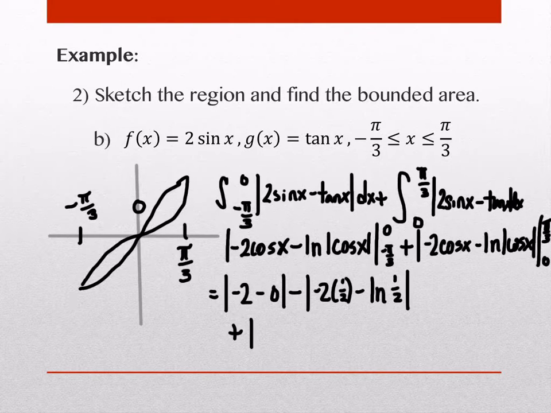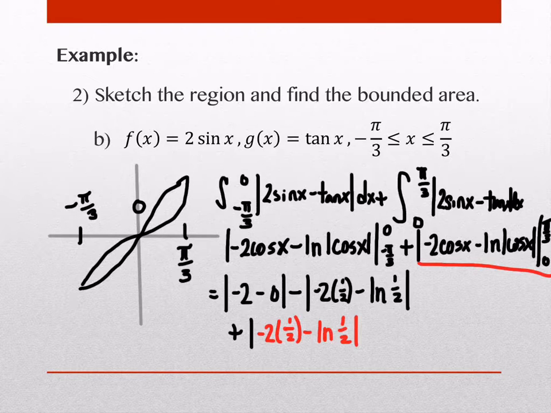Okay, plus. Now I'm going to plug in the value pi over 3. Let me underline it in red. At this point, I'm doing this piece, so I'll write this one in red. So plus, now I'm going to have negative 2, and I've got the cosine of pi over 3. So this is negative 2 times 1/2, again, because it's pi over 3. Minus the natural log of, again, 1/2.